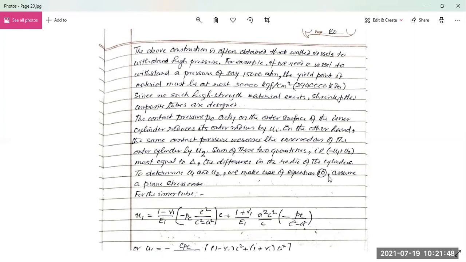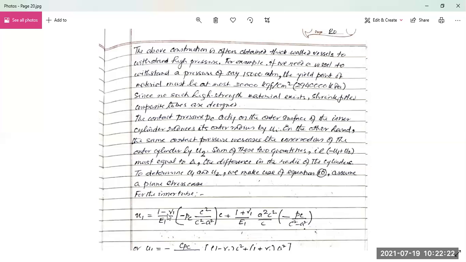So we can make use of equation 10. What was equation 10? For the inner tube, we have 1 plus gamma, as both Poisson's ratio and Young's modulus are different, since we are shrink fitting two different cylinders of two different materials.